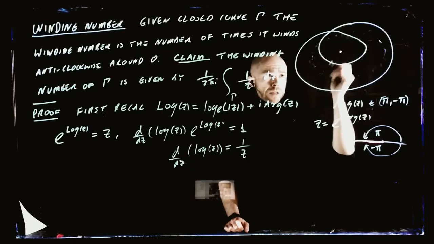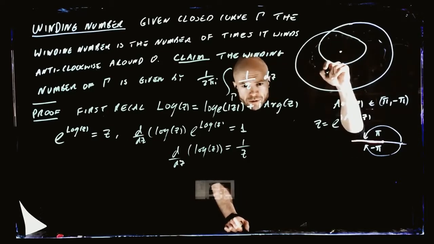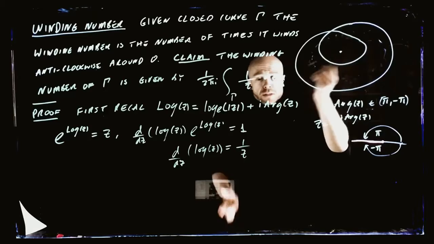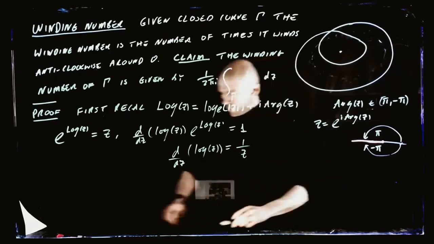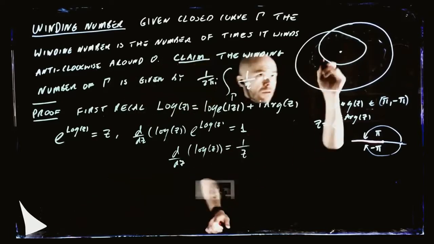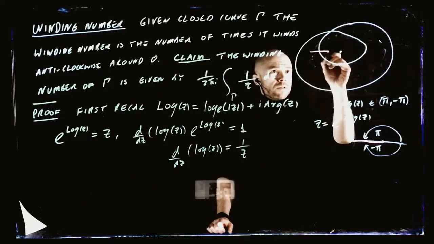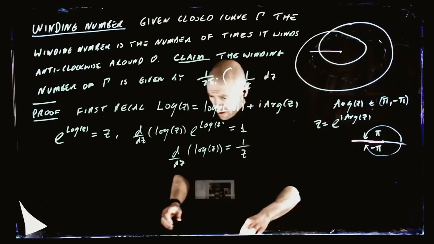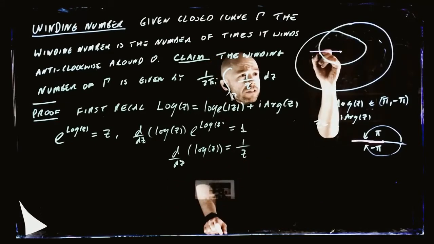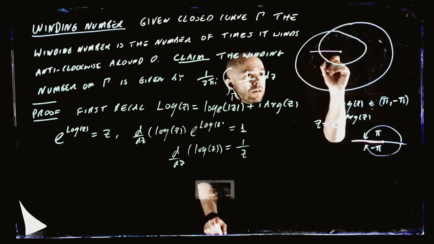Okay, so this is a closed curve. It loops around 2 times. We can start parameterizing it from any point, right? So let's put the negative real numbers here, and let's start our parameterization just underneath here, and let's go around like this.